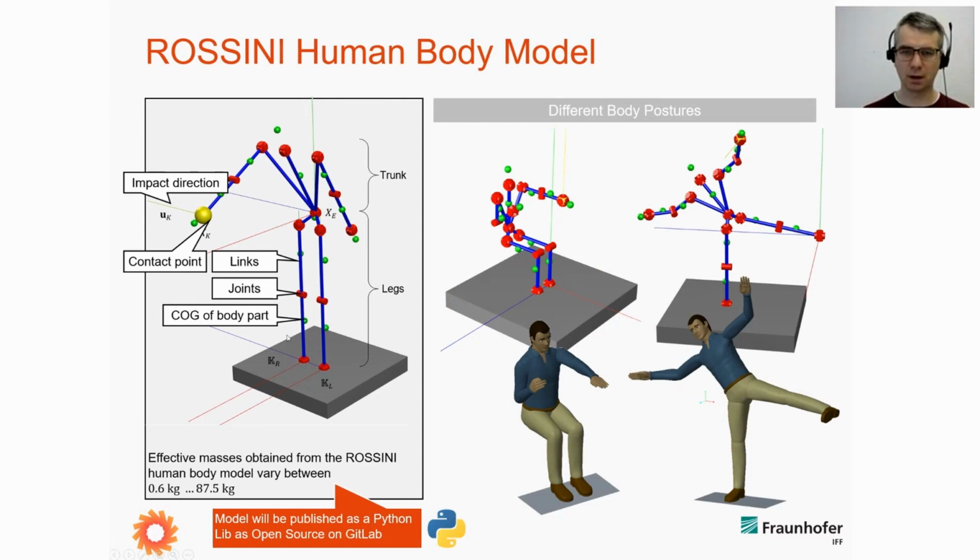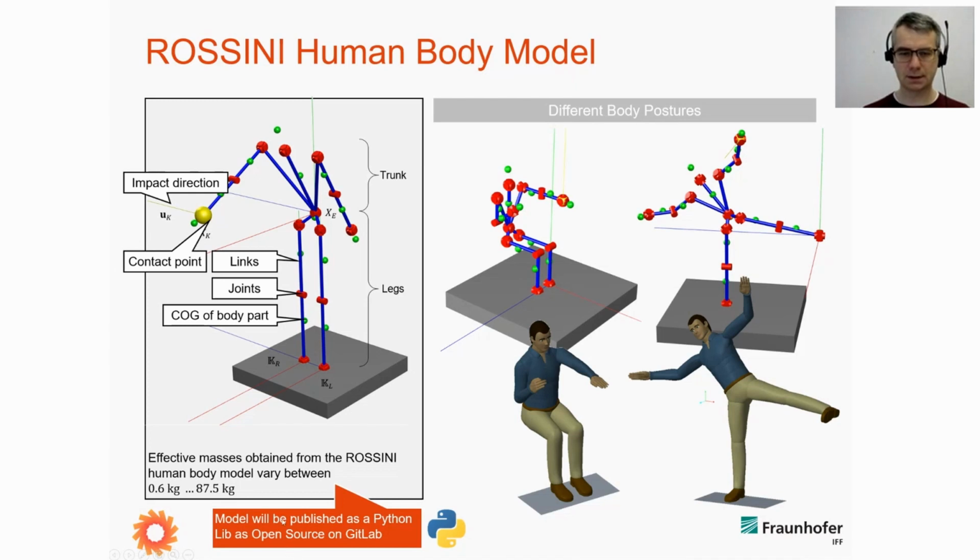As you can see, it's a multi-body system with a lot of centers of gravity, links, joints, and so on. And we use this model to calculate the effective mass of the human body. Of course, we can apply different body postures, different impact directions, or different contact points and so on.